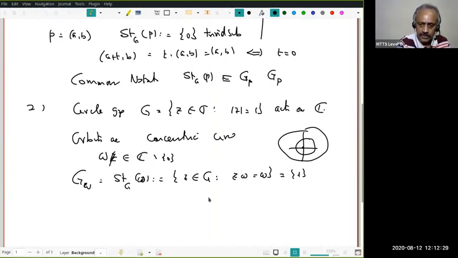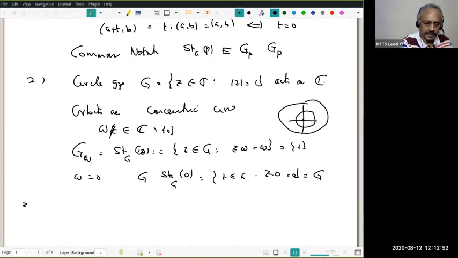Suppose W is 0, then what happens? What is the stabilizer? All complex numbers Z in G so that Z times 0 equal to 0, which is true for all Z. Therefore, it is all of G.